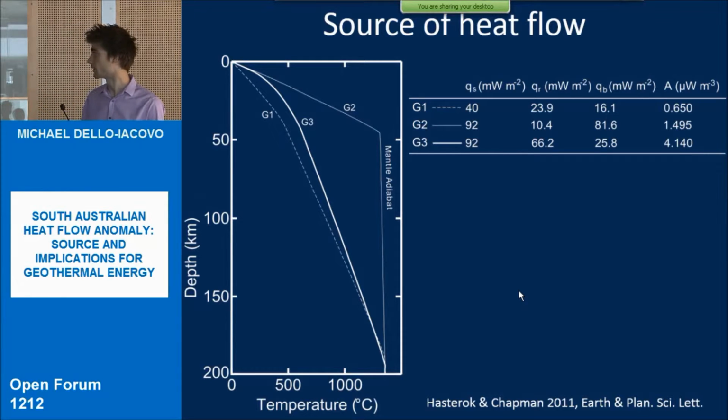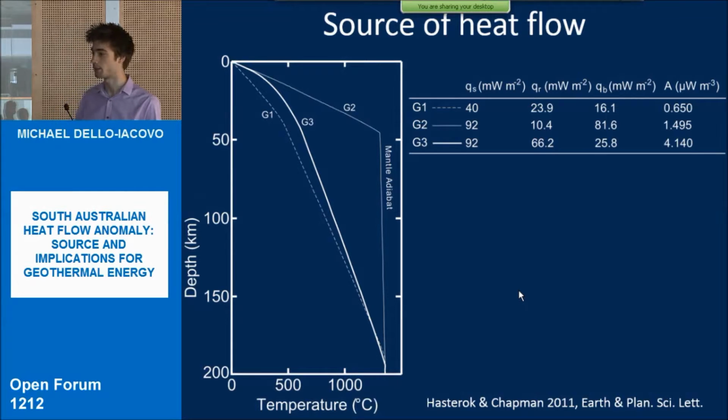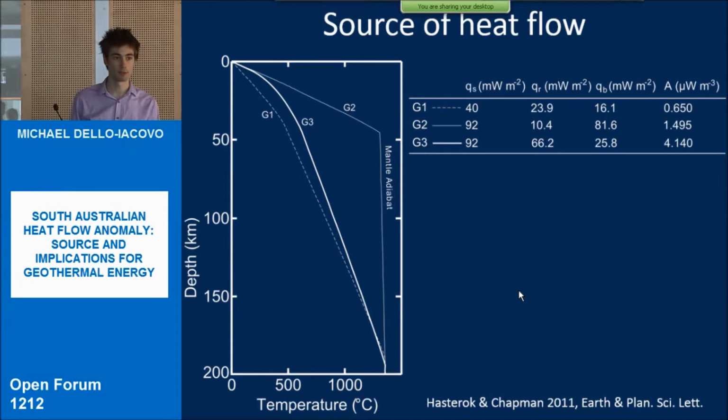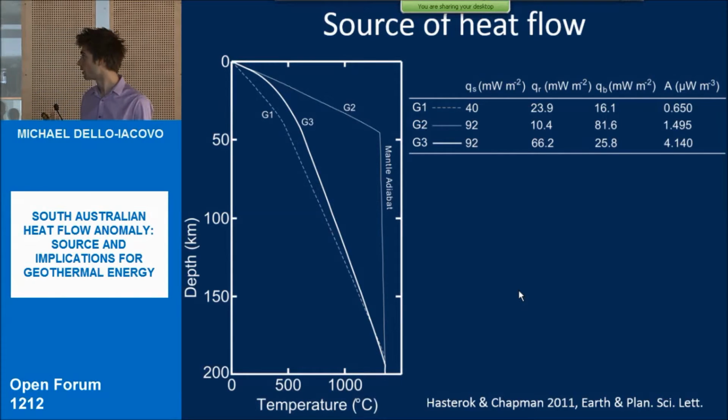We've taken the intersection of the geotherm with the mantle adiabat to represent the lithospheric thickness. Geotherm 1 plots a lithospheric thickness of about 195 kilometres, which is quite consistent with a measured mean Proterozoic lithospheric thickness of about 200 kilometres.